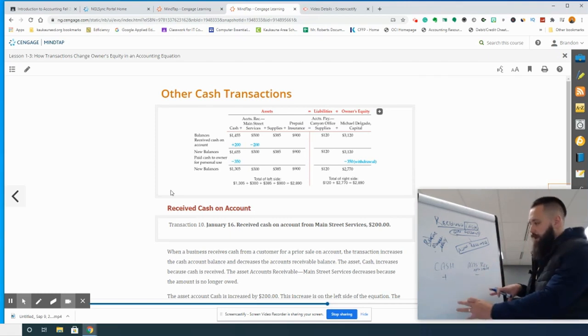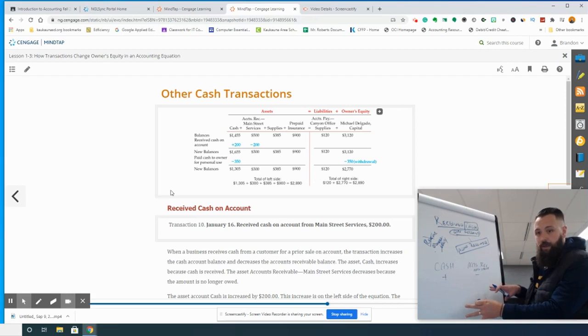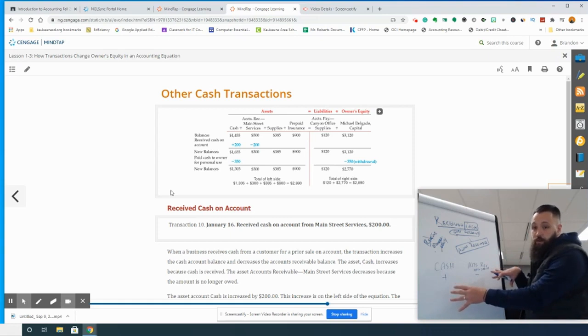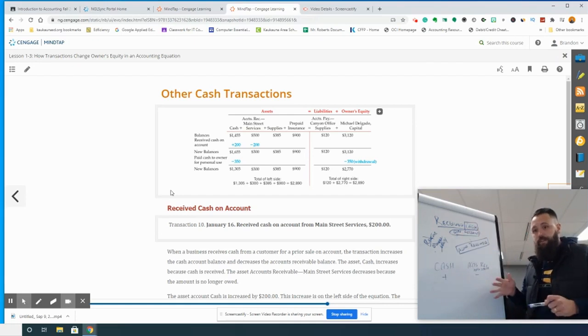So here we go. These are both assets, remember. So if they're both assets, is the accounting equation in balance? We have a plus and a minus. They make it so the accounting equation is still in balance because they will kind of cross each other out. So there we go. That's received cash on account. Very similar to when we pay cash on account, except now it's somebody else paying us, which is great, right?